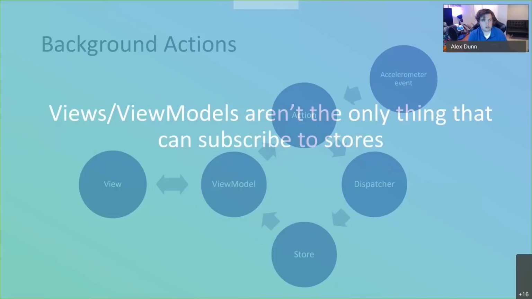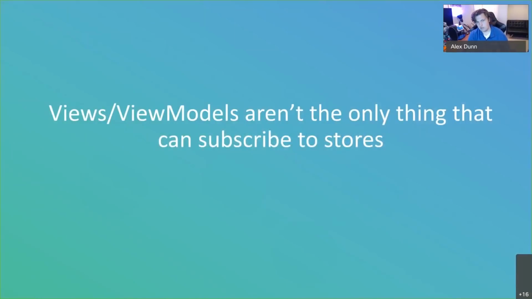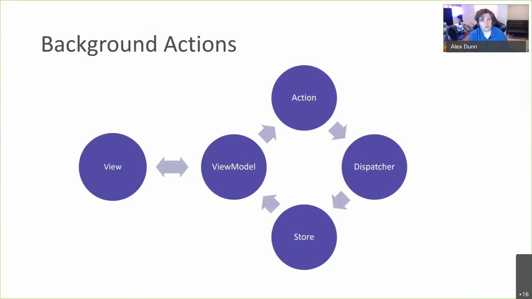On the other side of things, views or view models in this case are not the only things that can subscribe to stores. Again, we've talked about the perfect flow: view, action, dispatcher, store. But in this scenario, the view model isn't the only thing that can listen to a change of state. We might have a background task that we want to execute whenever our store fires an update.